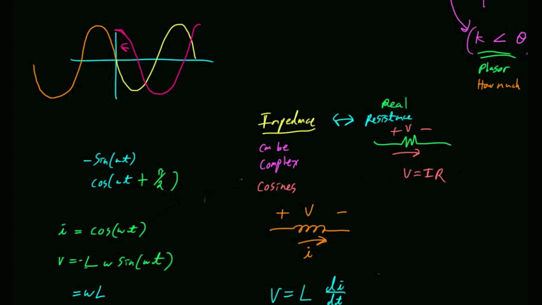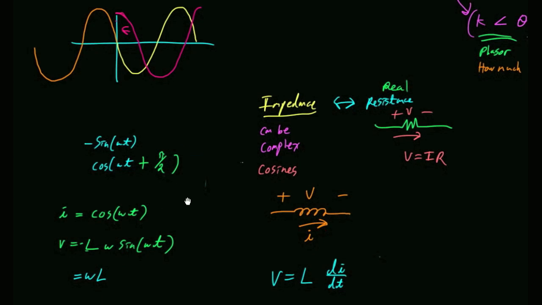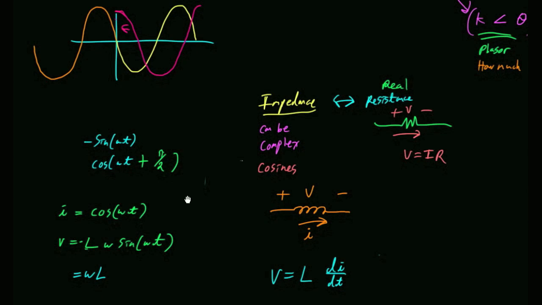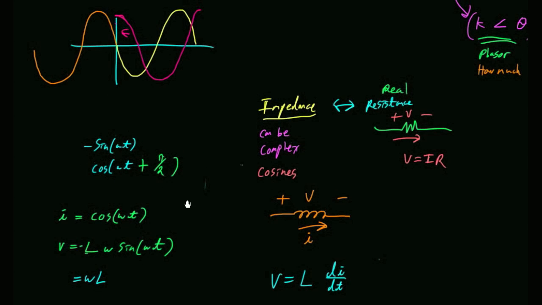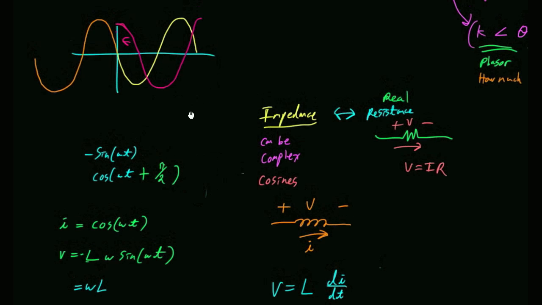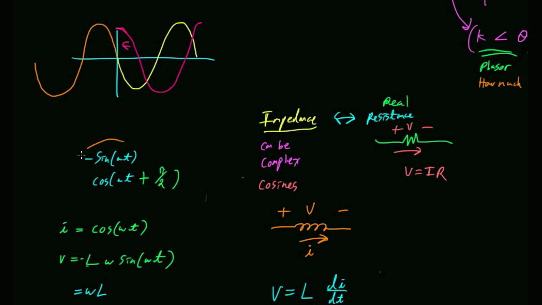Okay? Okay, so are we all in agreement that minus sine omega t is really the same as cosine shifted to the left by 90 degrees, pi over 2 radians? Is that right? I mean, it might be wrong. I didn't sleep much last night, so fact check me.